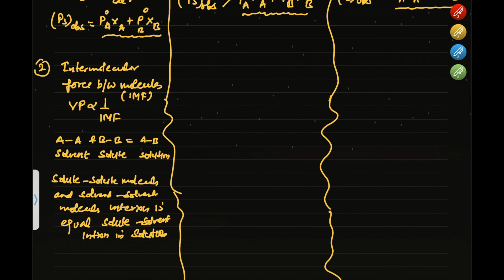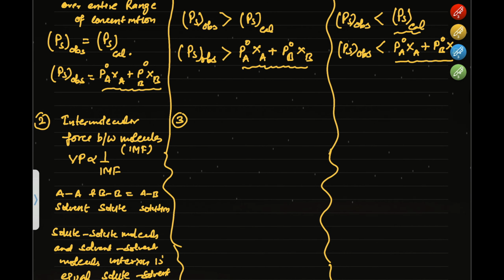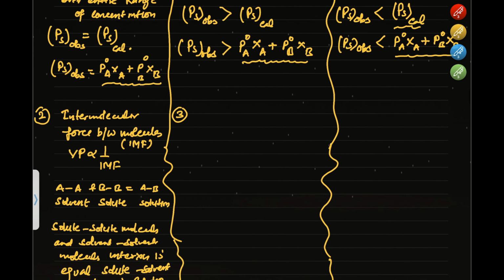Okay, here the vapor pressure observed is greater than the vapor pressure calculated from Raoult's law. This means we get high vapor pressure. This indicates that the intermolecular force between the solute and solvent molecules in solution is weaker. Because the intermolecular force is weaker, vapor pressure obtained is high.